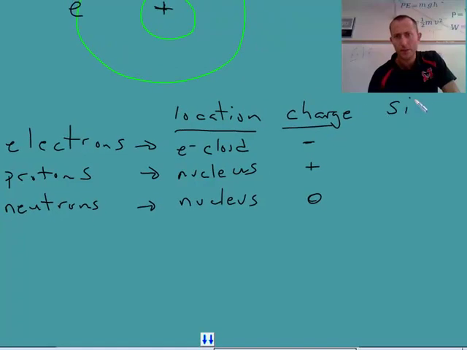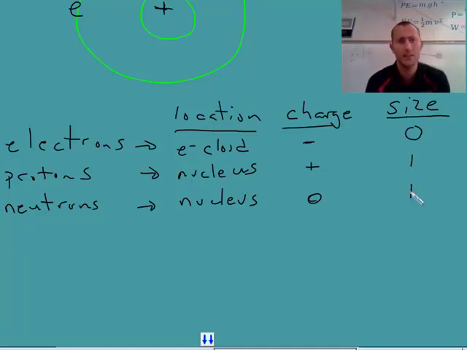And if we compare them based on size, if we go by relative mass, or what we call atomic mass units, the electrons have a mass of 0, and the protons and neutrons each have a mass of 1.